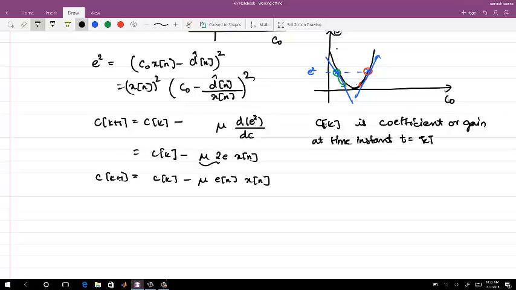Ideally, you are sampling this every time, right? You sample once, you get an error, and you use the previous coefficient. So if I have an error, the next time I will change this coefficient, and that is C of k plus 1. For the next instant, the coefficient changes.